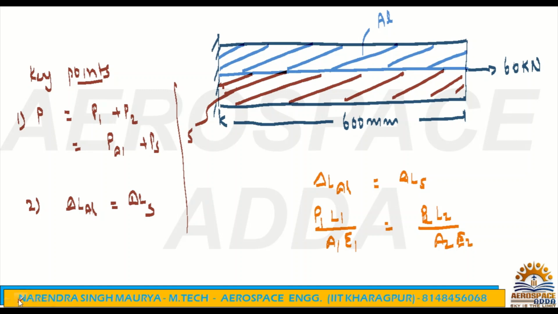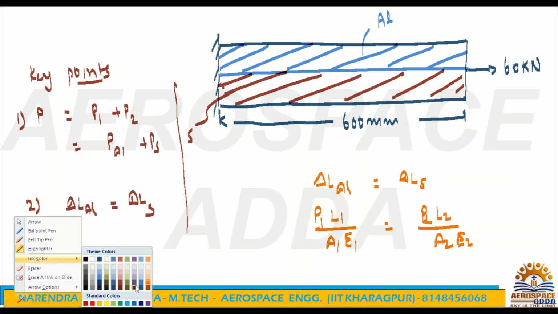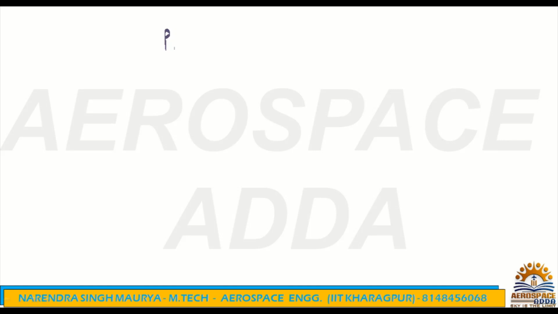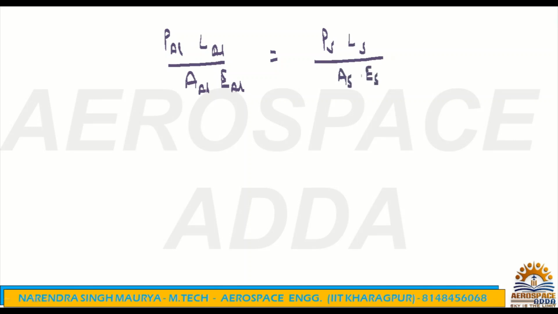Onward we'll put in all the values because they have given them. Instead of P1 L1, I can say P aluminum L aluminum, area of aluminum, E of aluminum is equal to P of steel L of steel, A of steel, E of steel.